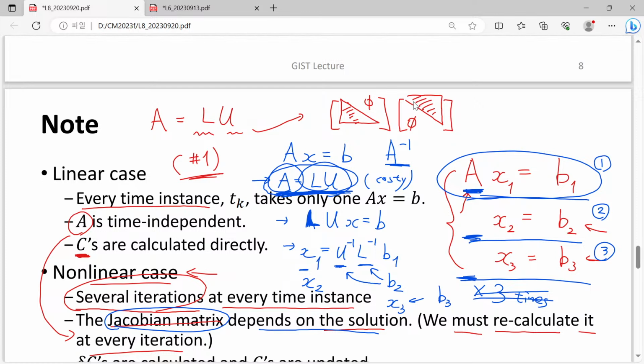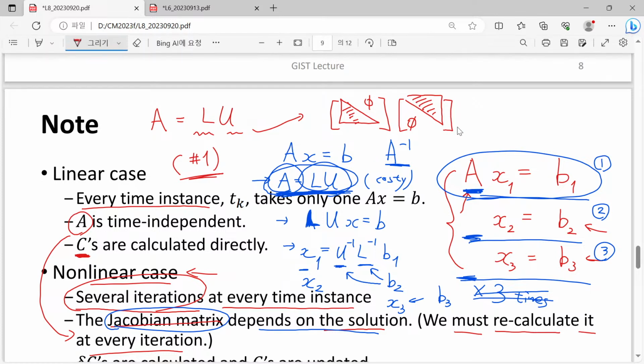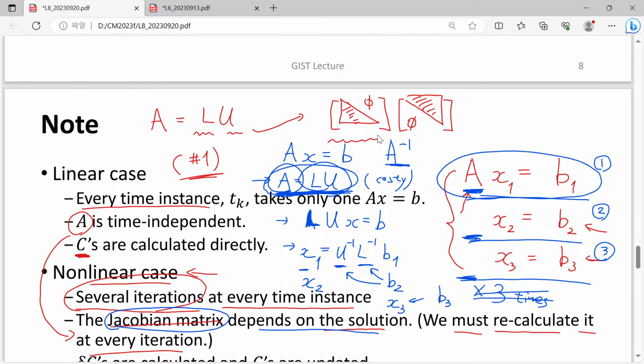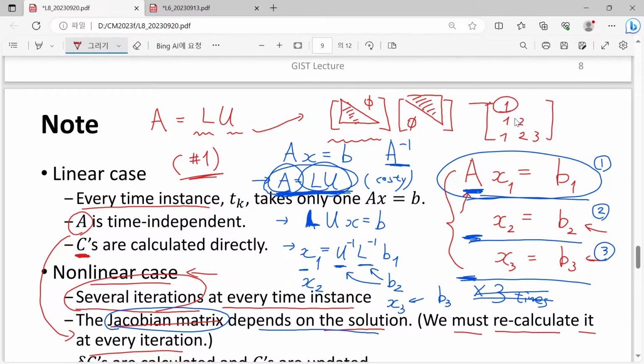So once you can get this LU decomposition, then considering the inverse of L is quite easy, because if we have something like 1; 1, 2; 1, 2, 3, then first we can solve this first line and get the solution.